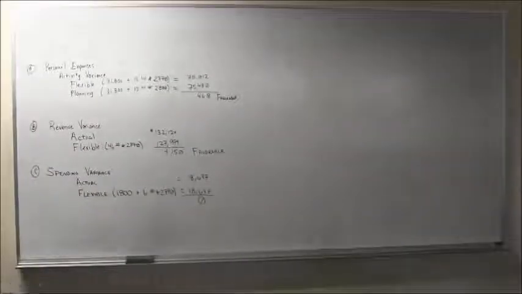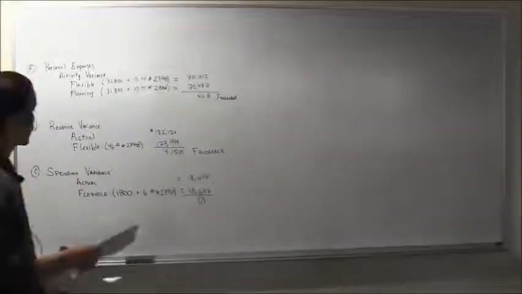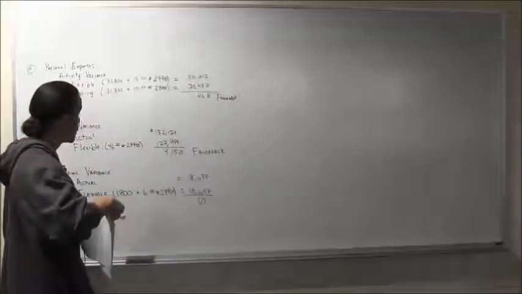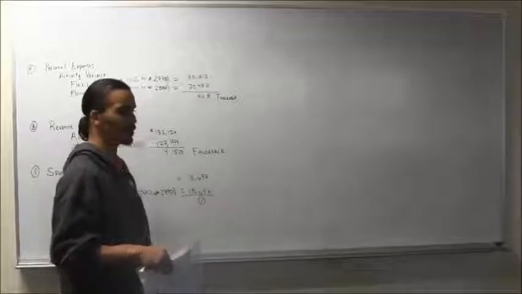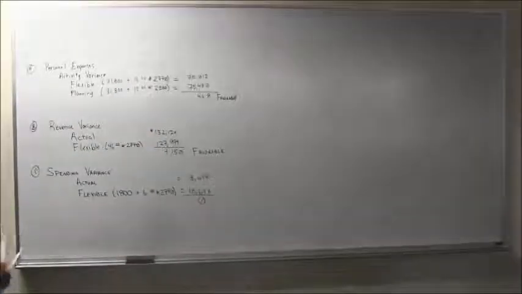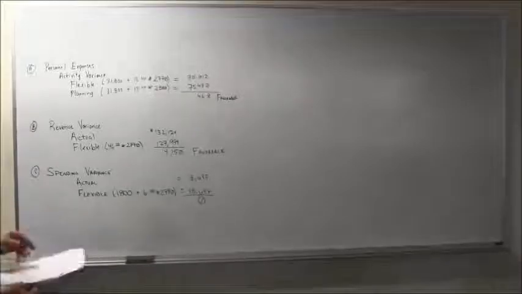Any questions on these? So, say the flexible came out to 1900, it would be favorable since you spent less. If this were 19,000, yeah, that would be favorable.